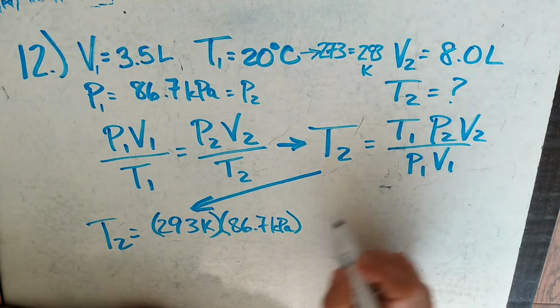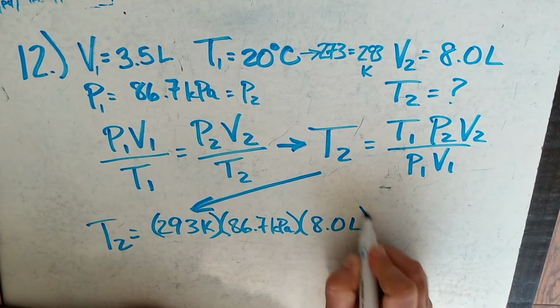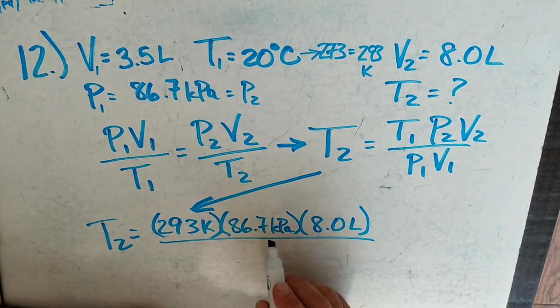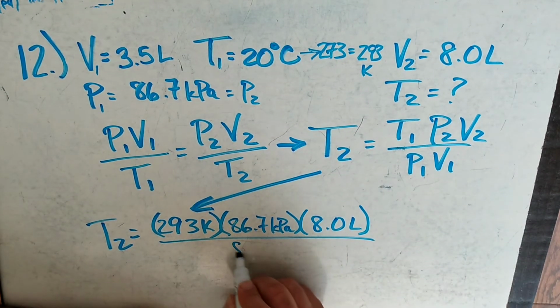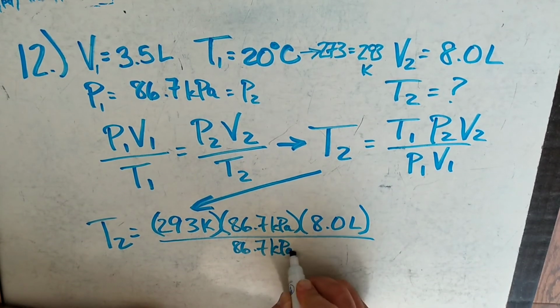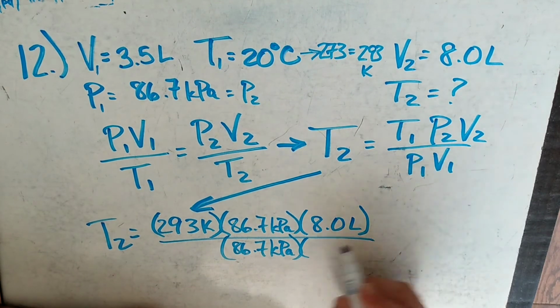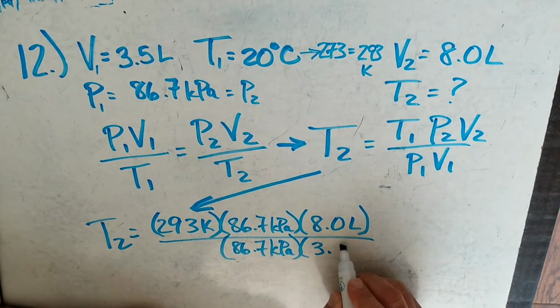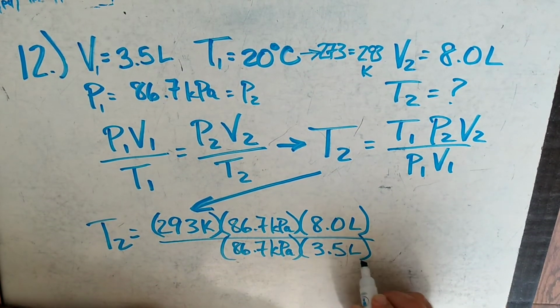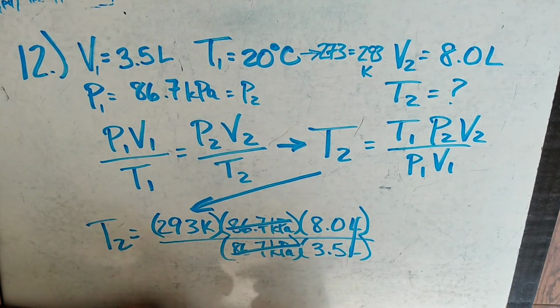And our V2 is now 8.0 liters, all divided by our P1, again 86.7 kilopascals, divided by our V1, 3.5 liters. Okay, liters cancels out. Those two pressure numbers completely cancel out.